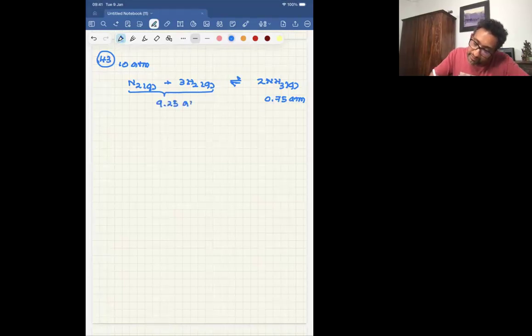9.25 atm. Since you use a 1 to 3 ratio, that 9.25 is divided in a 1 to 3 ratio.